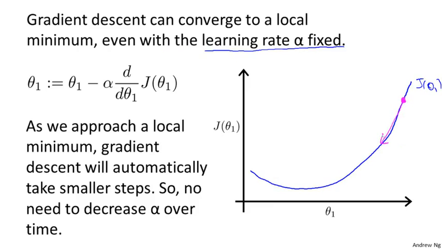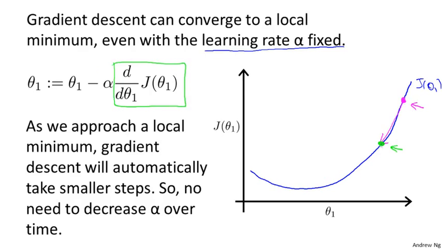Now I'm at this green point, and if I take another step of gradient descent, you notice that my derivative, meaning the slope, is less steep at the green point than at the magenta point, right? Because as I approach the minimum, my derivative gets closer and closer to 0. So after one step of gradient descent, my new derivative is a little bit smaller.